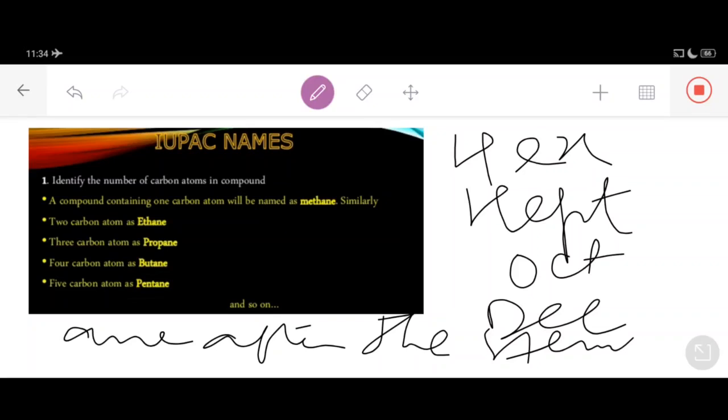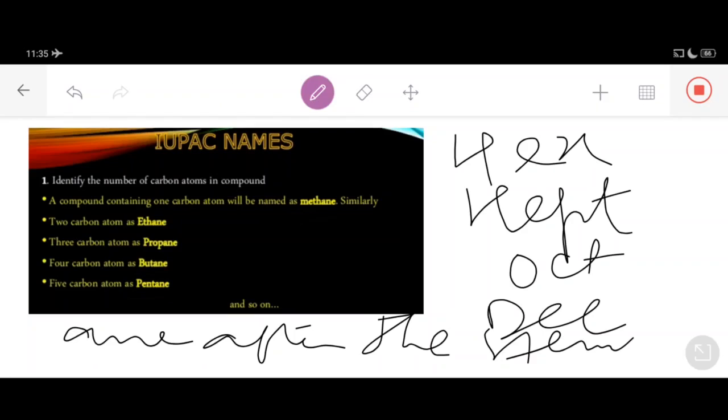For example, meth is used for one carbon atom, and "ane" is used for carbon-carbon single bonds, and that's why this is called methane. So when there is a presence of carbon-carbon single bonds in any compound, you are supposed to write "ane" after the stem. That was the second rule, my dear students.